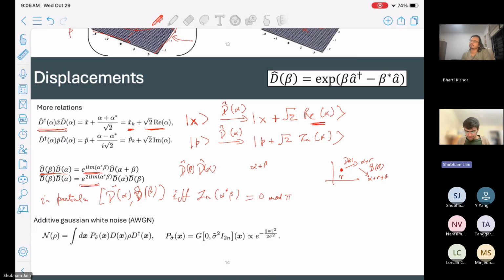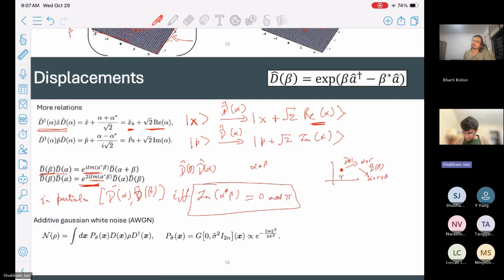So D(beta)D(alpha) is just D(alpha)D(beta) times this phase. If this phase is a multiple of 2 pi, then these operators exactly commute, which is exactly this condition. So we can just check the imaginary part of this complex number product, and if it is 0 mod pi, then these operators commute. This will be important for us to understand the stabilizers of the GKP codes.